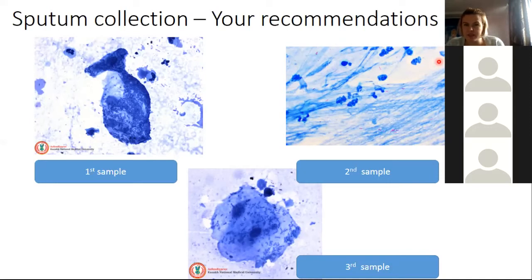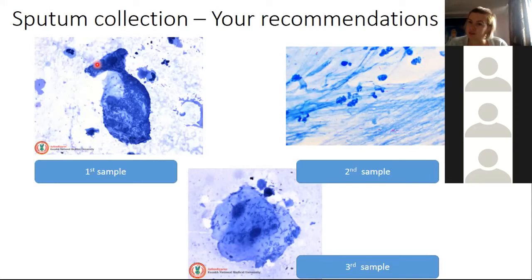How can you explain it? Do you have any variants? What do you see in these pictures? Look at the first sample. What do you see here? Ma'am, the difference between the saliva and sputum.